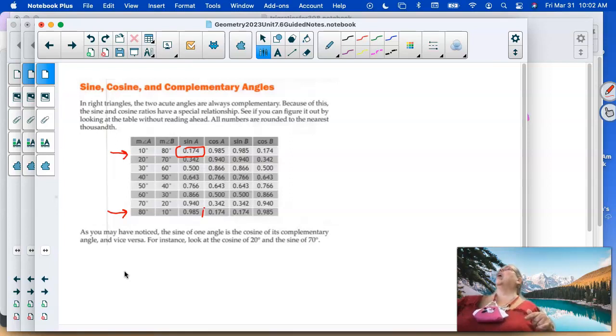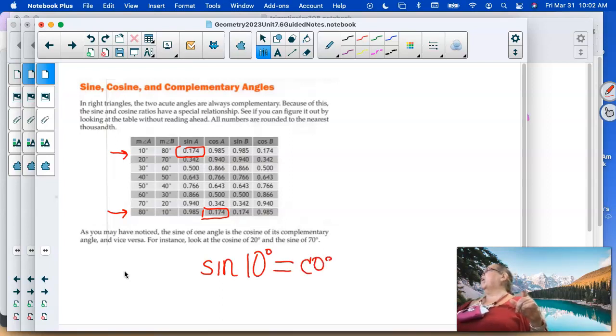Look, they're the same. The sine of a 10-degree angle is equal to the cosine of an 80-degree angle.